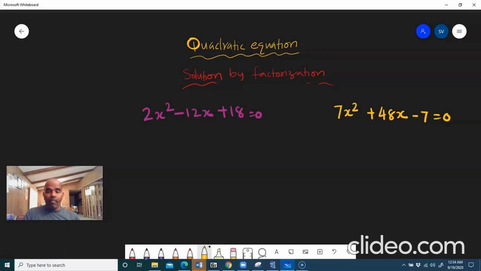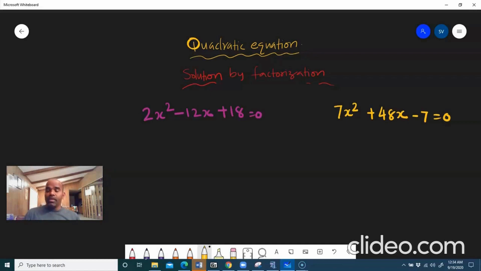I'm stressing the term factorization because factorization is the technique to split the polynomial, or split the statement, into pieces. Depending on the degree or the exponent of the statement, we can figure out how many pieces there will be.